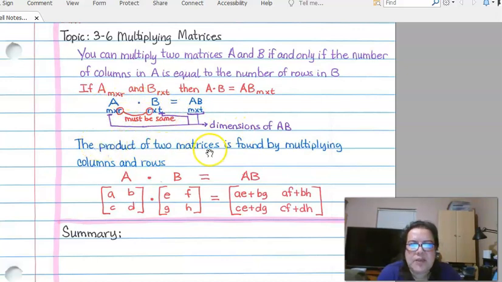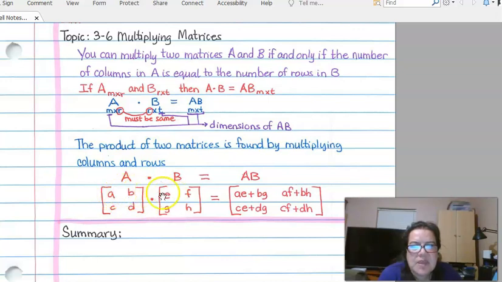The product of two matrices can be found by multiplying the rows and the columns. We'll be looking at some examples of how you do that, because it does get a little complicated compared to addition. Notice what happens here. You start with the first element, A. You take A times E, and then you add that to, look at this, I'm going across like a row here, and here I'm going down like a column.